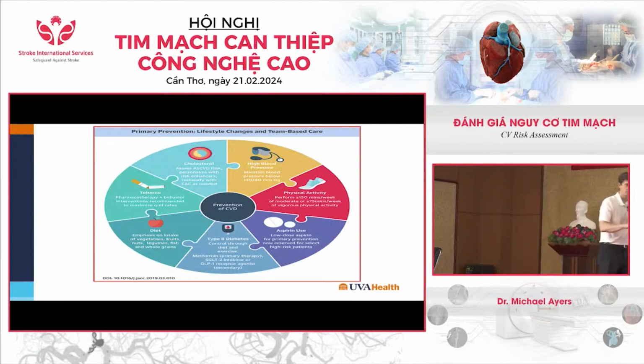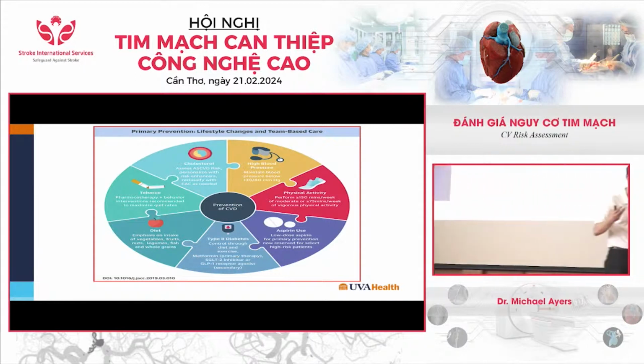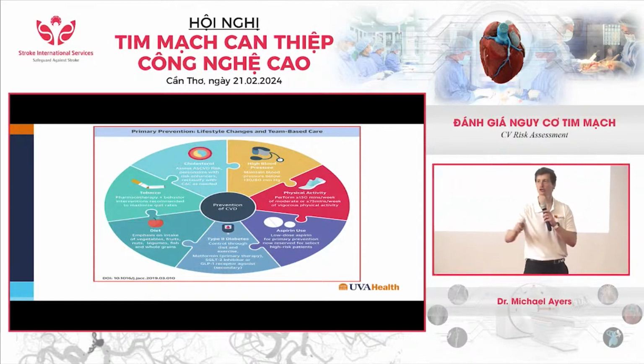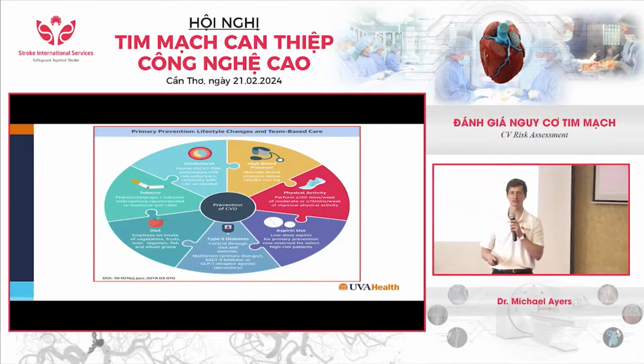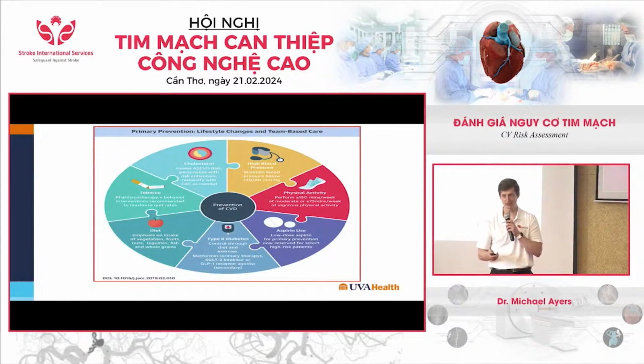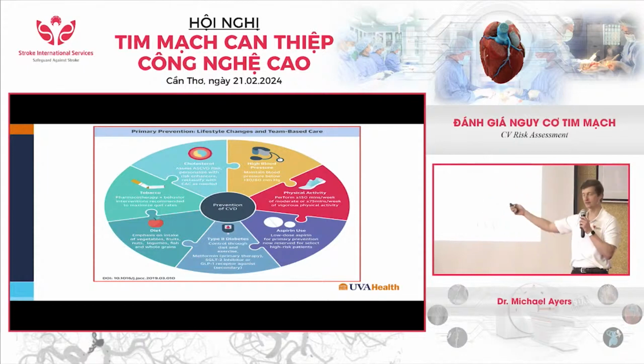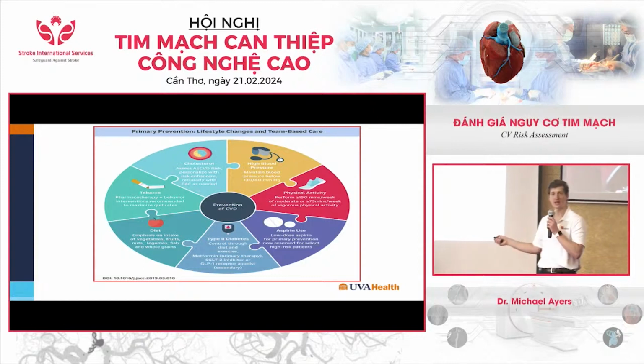If you look in journals in the 1950s, 1960s, an overwhelming thought was that we could not actually reduce cardiovascular risk, and it was all genetic. Fast forward to our latest iterations of guidelines, and you have charts that are very busy, like this, that show all of these different targets that we have to reduce risk.